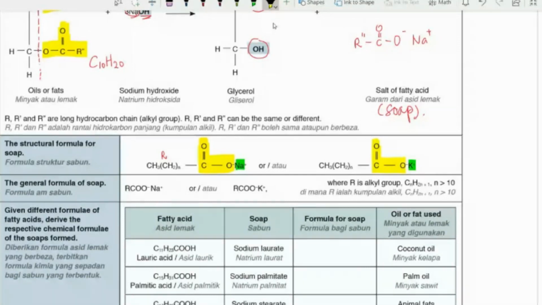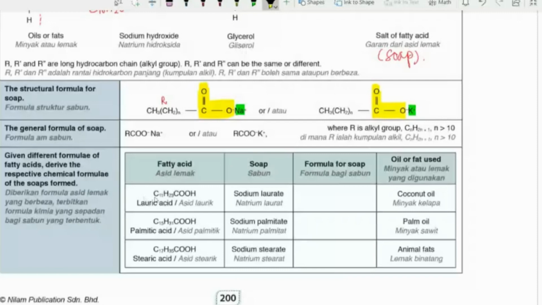Yeah? Now, let's see. Given different formulas for the fatty acid derived from oils, write the chemical formula of the soap. Lauric acid reacts with sodium hydroxide, it forms sodium laurate. How are we going to draw the formula of the soap?